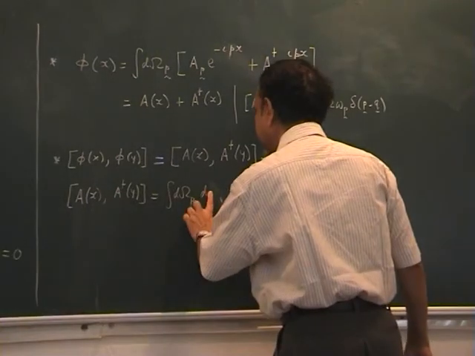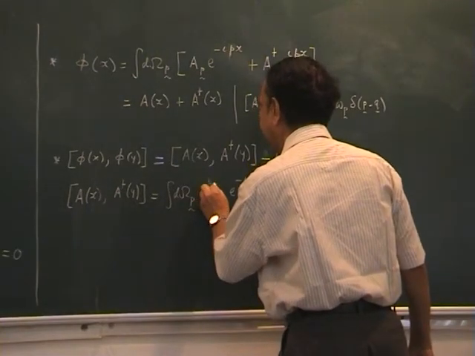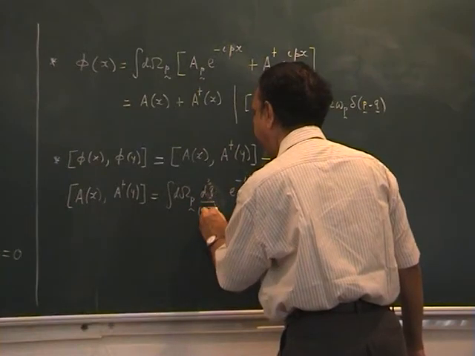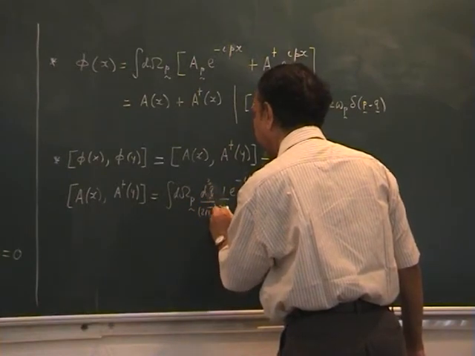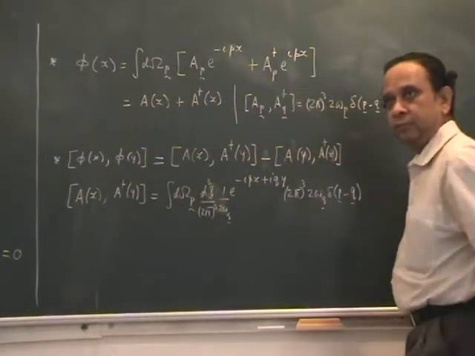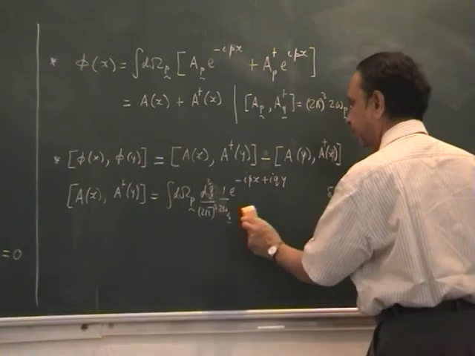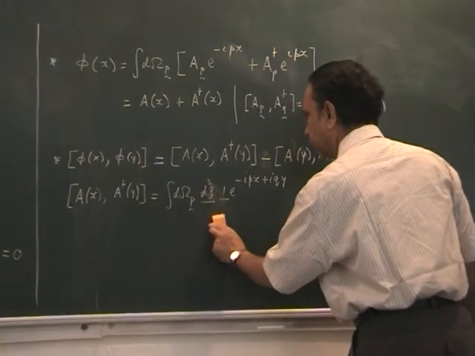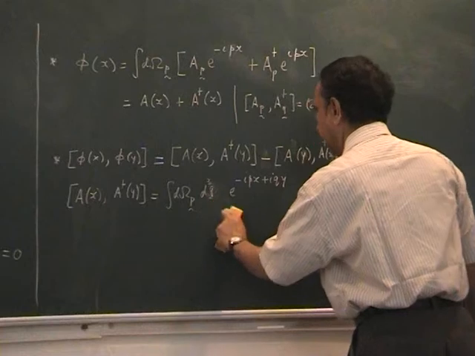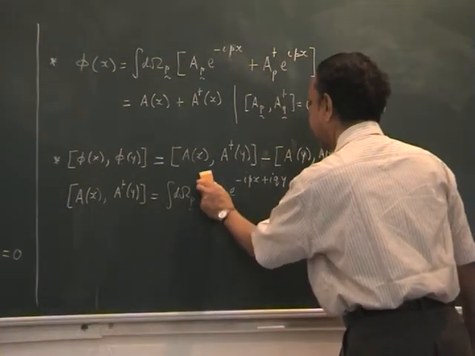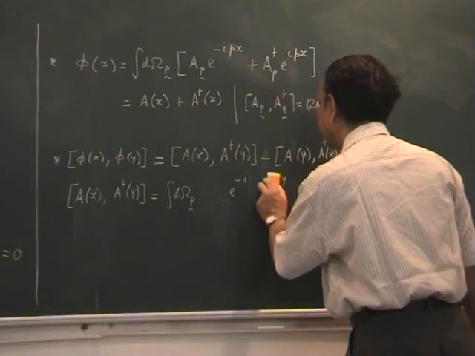So I know that this is actually d3q upon 2 pi the whole cube into 1 upon 2 omega q. So the 2 pi the whole cube and 2 omega q just go away, and I have a d3q integral with a Dirac delta function. So that just makes P equal to Q.